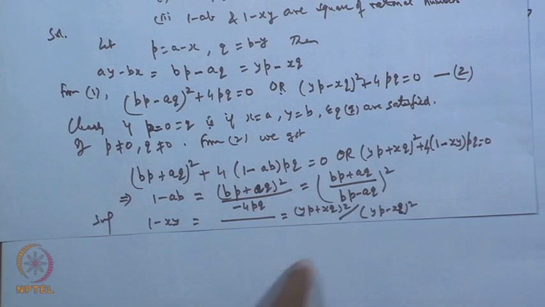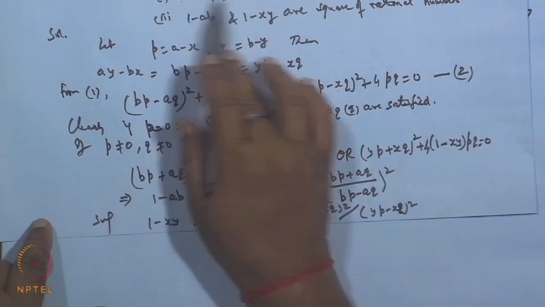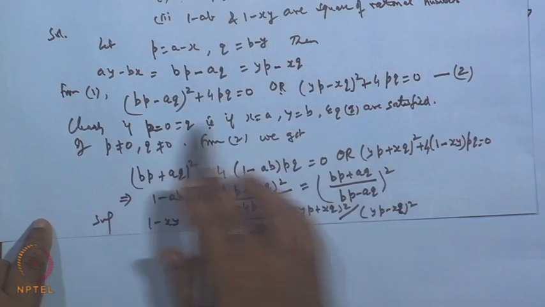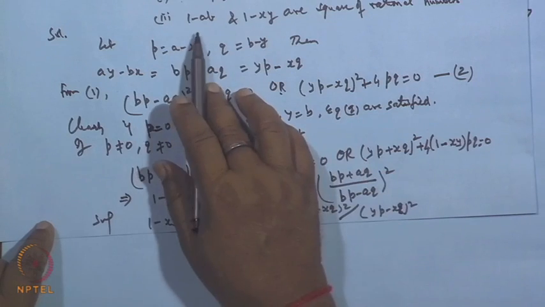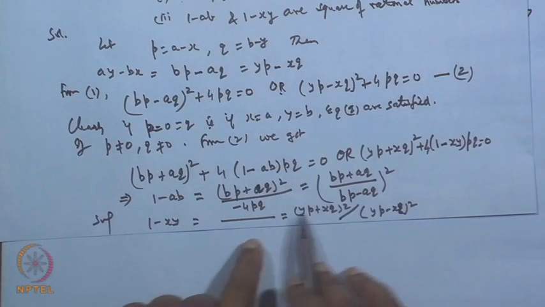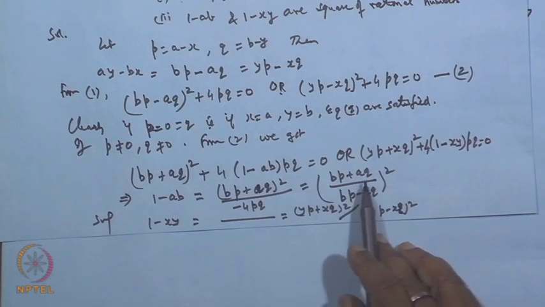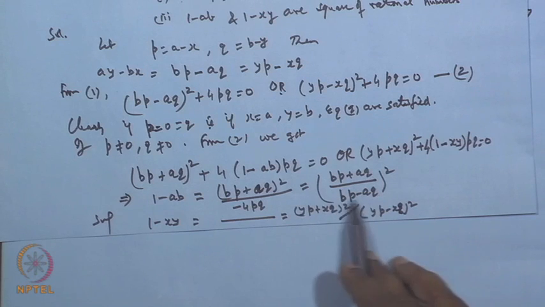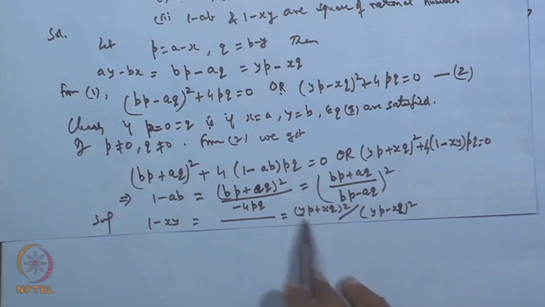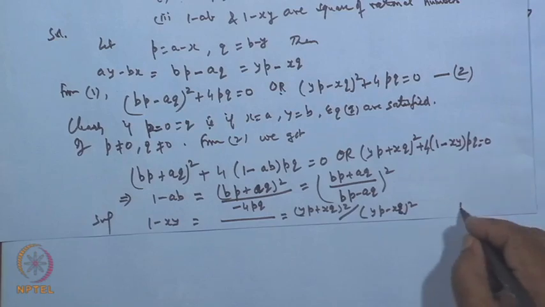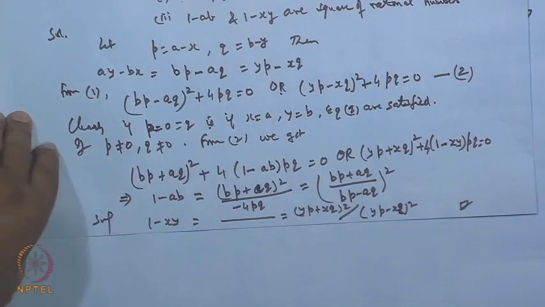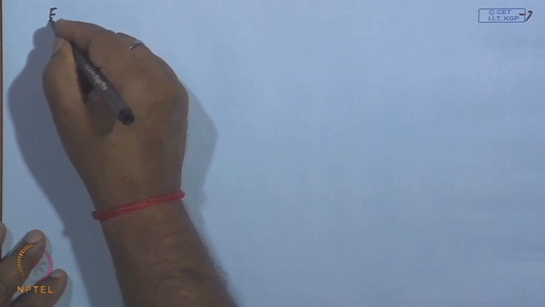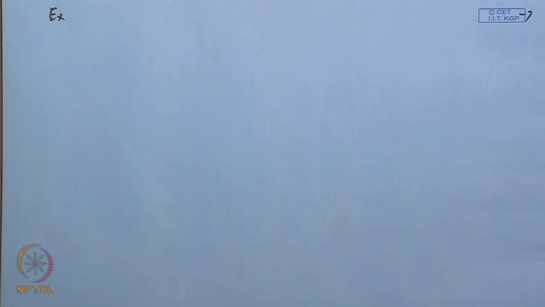So, what we conclude is that if the first is satisfied, then this equation is satisfied; otherwise, the second holds: 1 minus ab can be written as the square of a rational number, and 1 minus xy is also the square of a rational number, and that proves the result. Okay. Then the last exercise, let us see, it is also an interesting one.